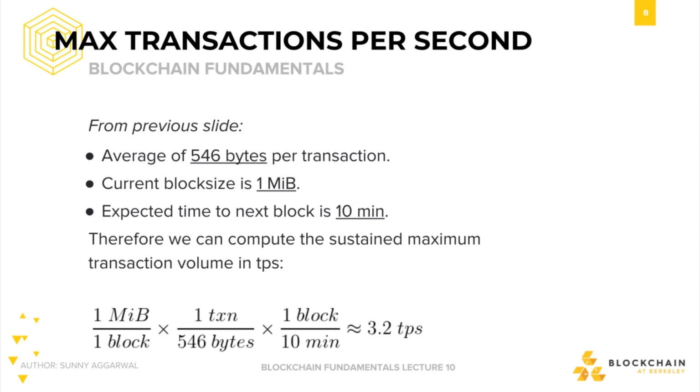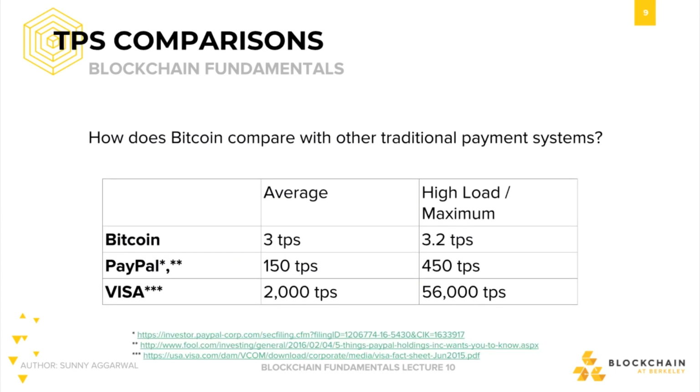How does that compare with all the central institutions that we have today? Well, Bitcoin on average can do 3 transactions per second, while PayPal on average can do 150 transactions per second. And then you have Visa, which on average can do 2,000 transactions per second. And this is only considering the average case. What happens when the load is really high, in the maximum case?